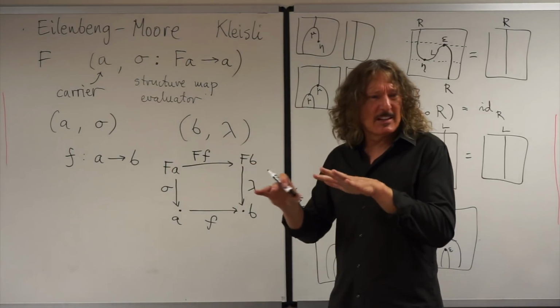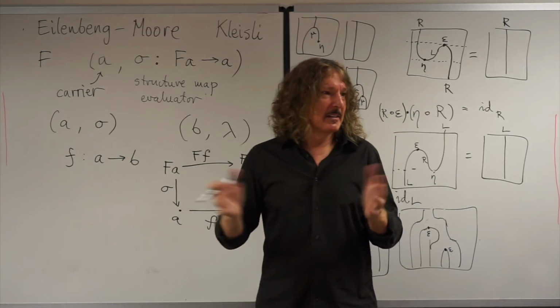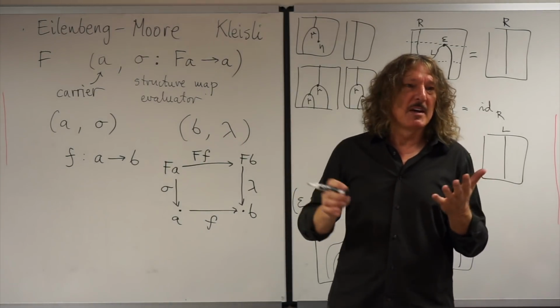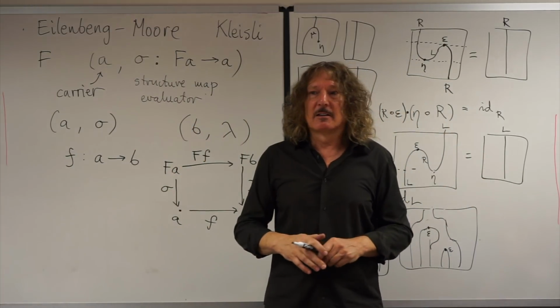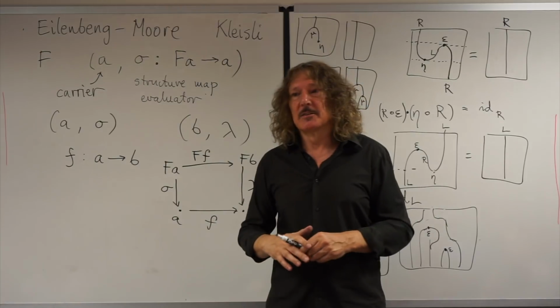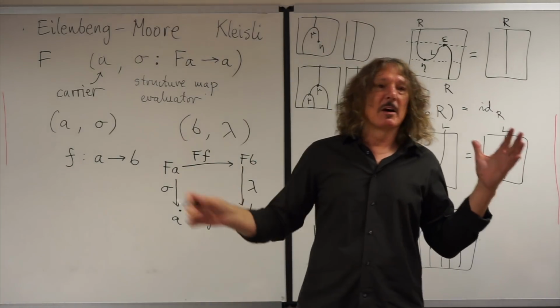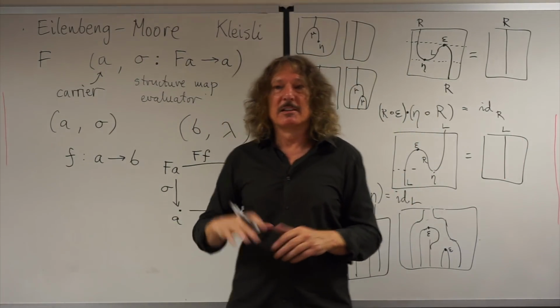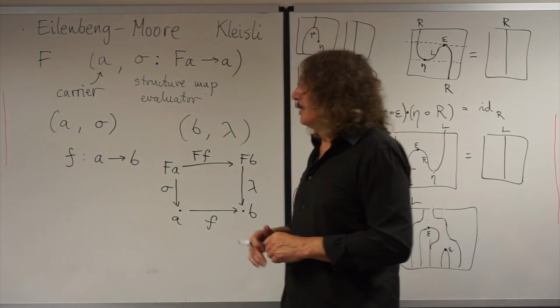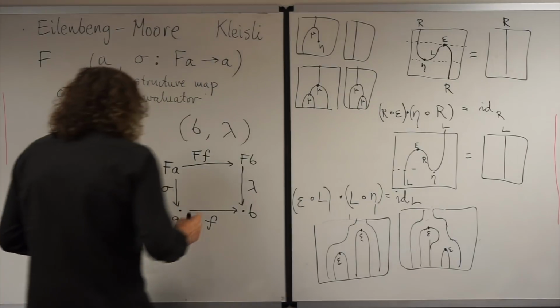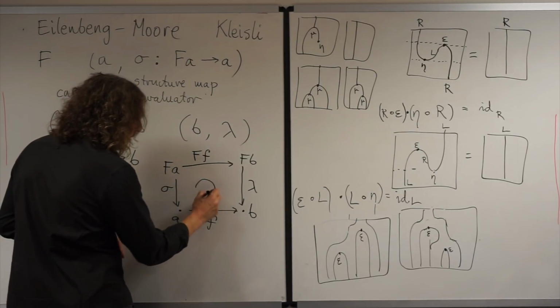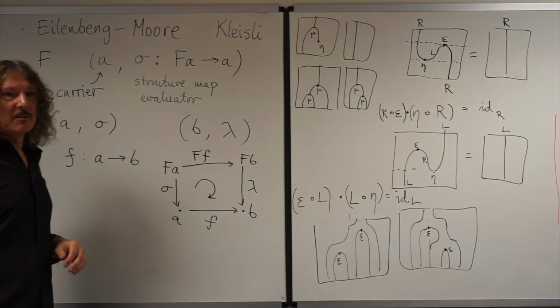A list will be our standard example, but it doesn't have to be. It could be a Maybe, it could be a tree, like an expression tree. You can have a grammar with an expression tree and leaves that are of type A and so on. So preservation of structure means that this diagram commutes.